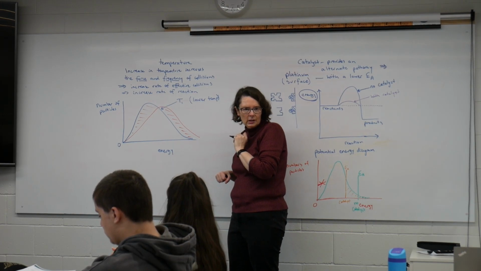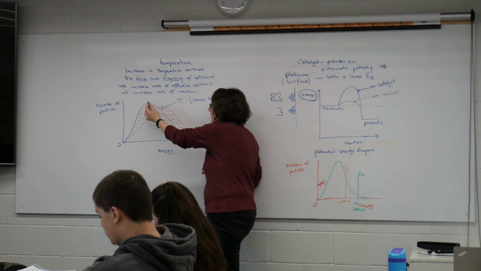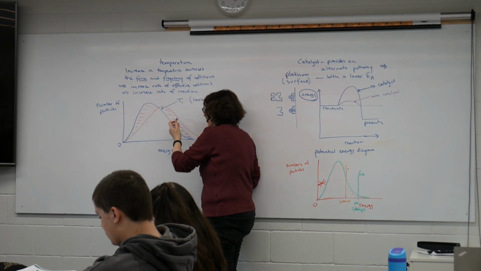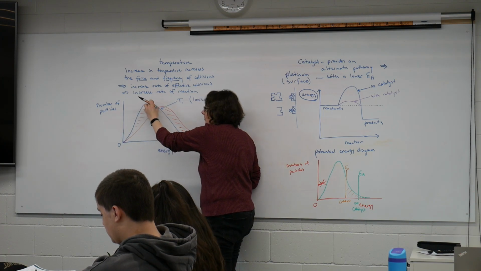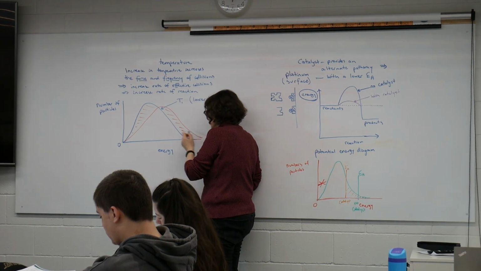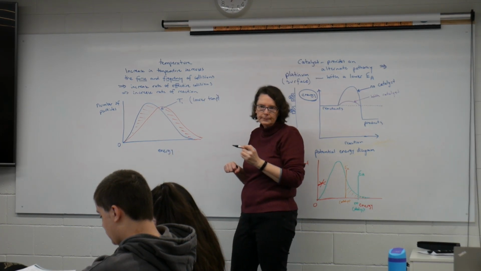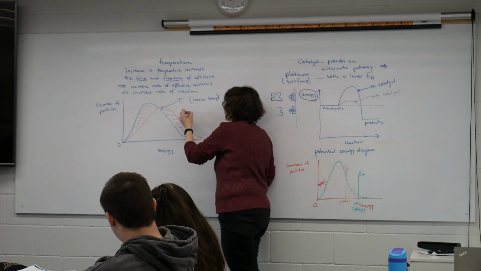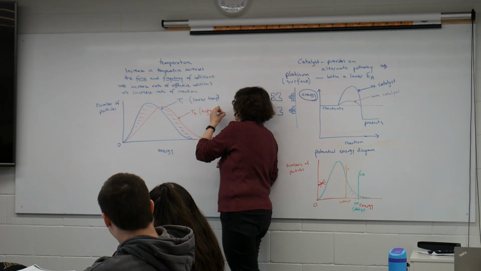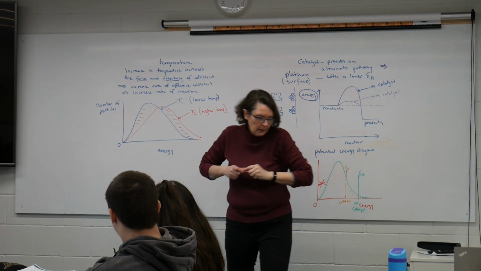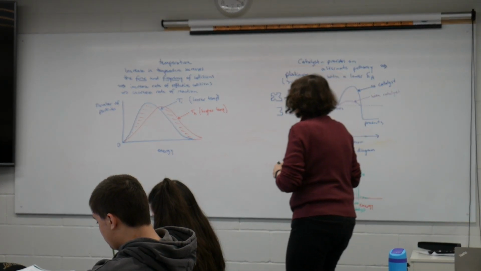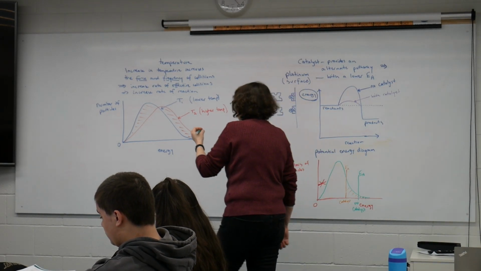If I make it the same height, it's very hard to do that. That's why it's easier to get the equivalent volume over here by making the second peak lower. And so T2 is the higher temperature.